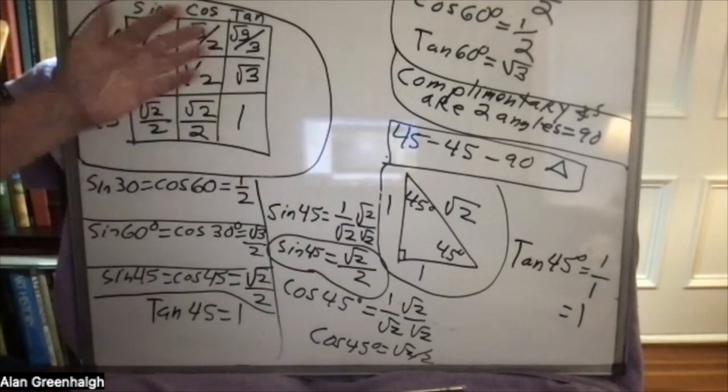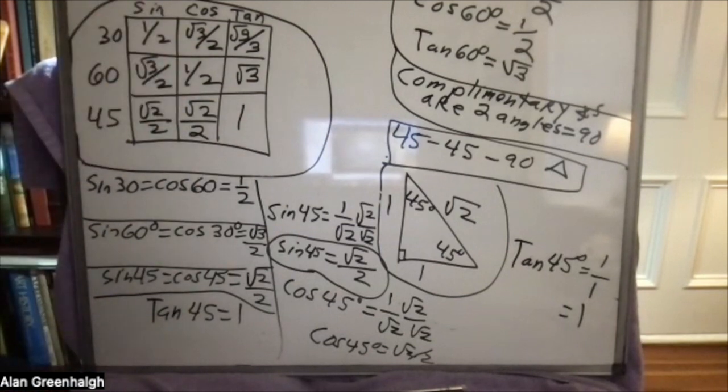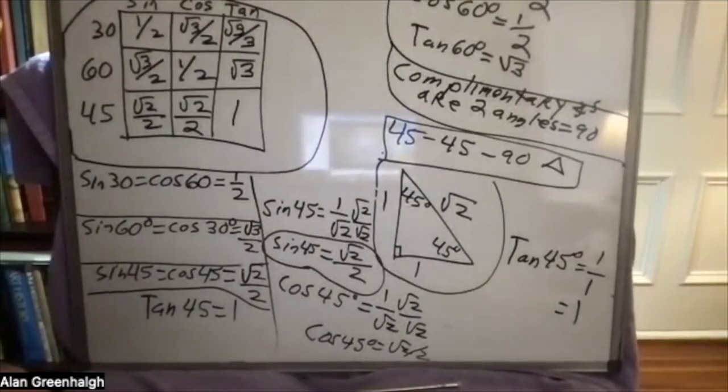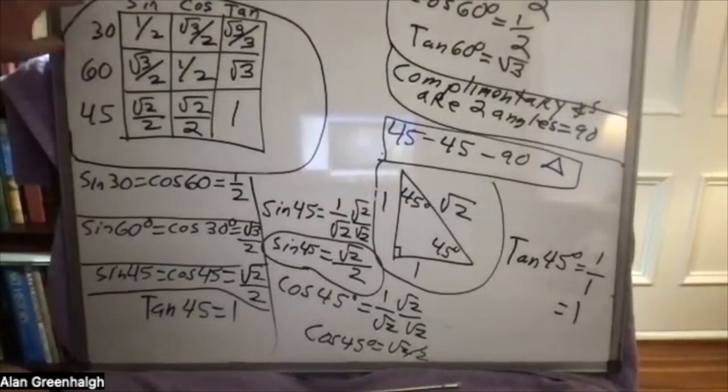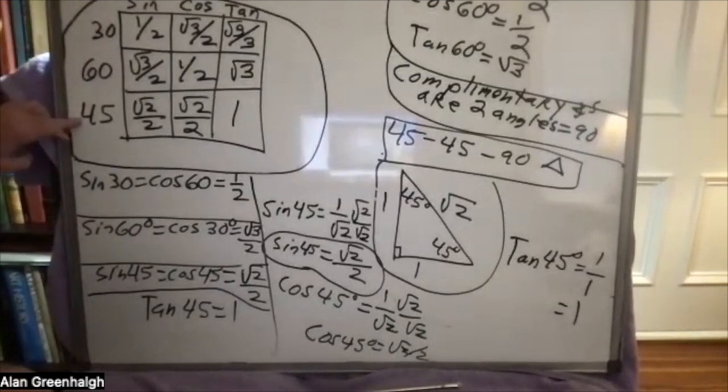We'll be using these throughout the semester. It is very important that you know what the functions of the special angles are equal to. The reason is the exact value: you need to use 30, 60, and 45.